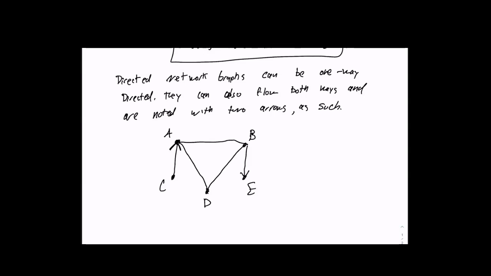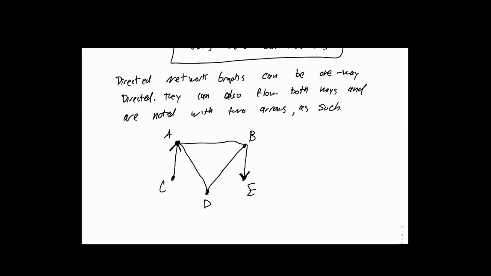B can talk to E, so E does not have anybody to talk to. Well, because they're at the end, they need to have some type of communication. These networks do not have to have straight lines, just to let you know. They can curve.